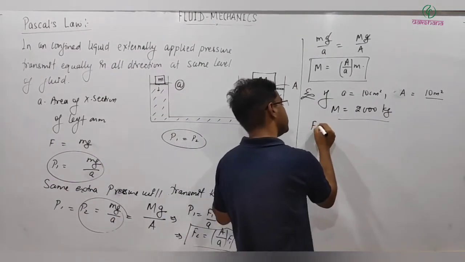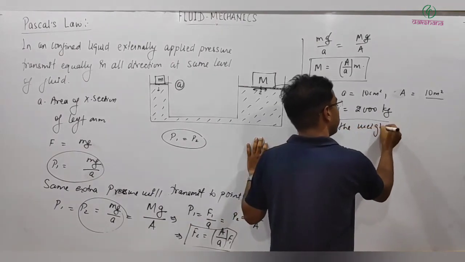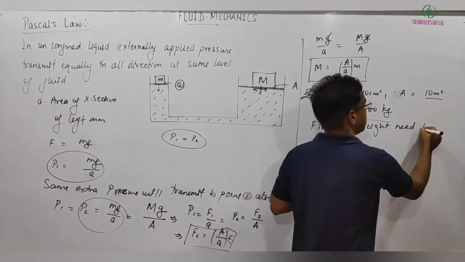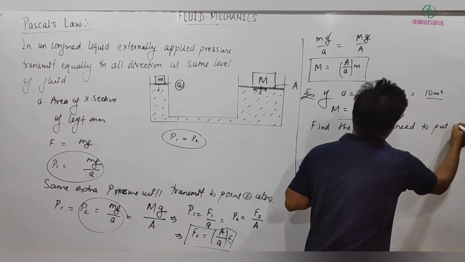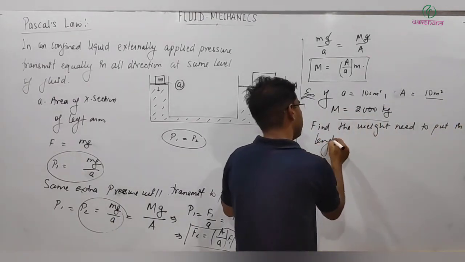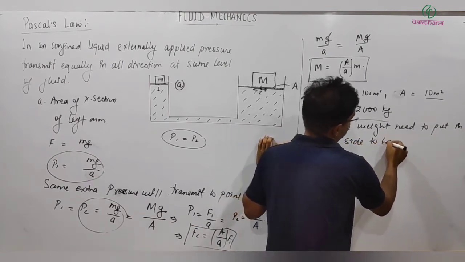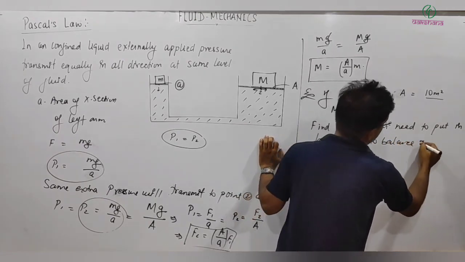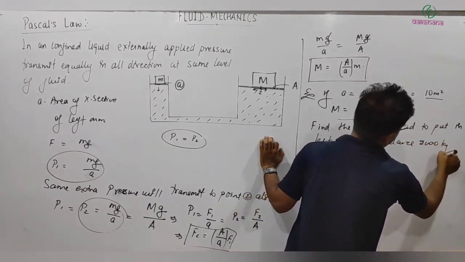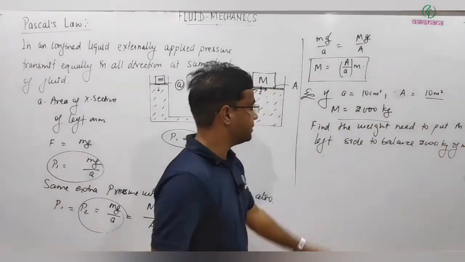Find the weight that needs to be put in the left arm to balance 2000 kg of mass, right? We can check that easily.